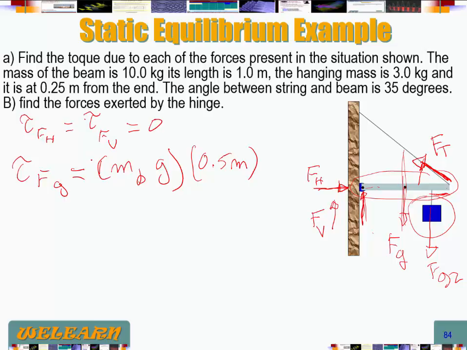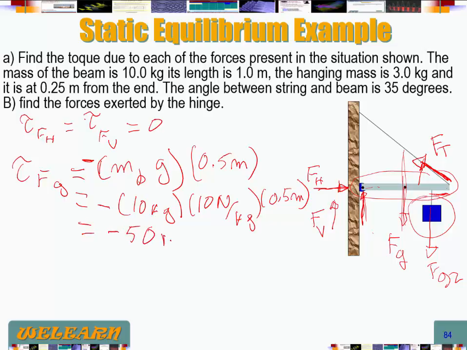So my torque is negative. So the torque due to Fg is minus mb times g times 0.5 meters, which in this case is 10 kilograms times 10 newtons per kilogram times 0.5 meters, which comes out to be minus 50 newton meters. Okay, that's the torque due to Fg.